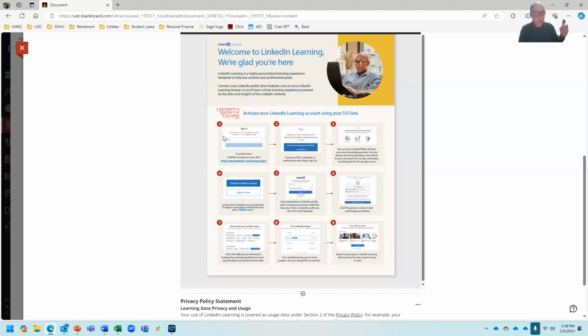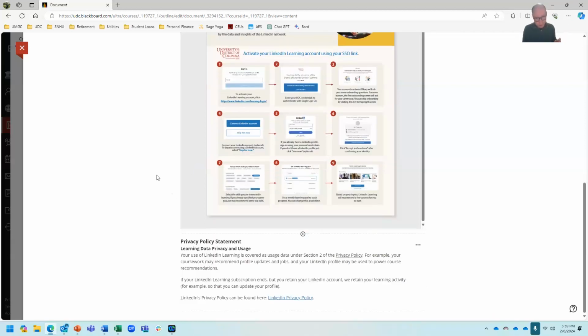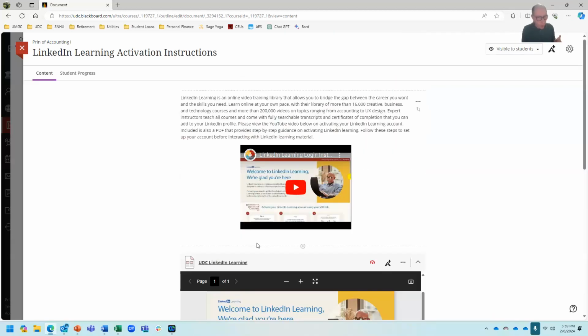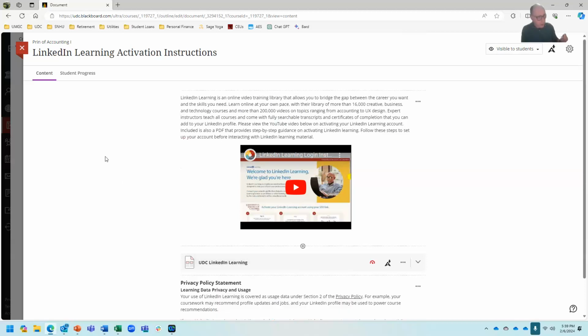Now, here's a couple of caveats to this. Number one is you have to use either Microsoft Edge, Google Chrome, or Firefox for this to work.